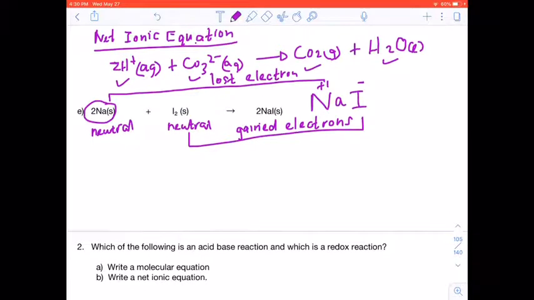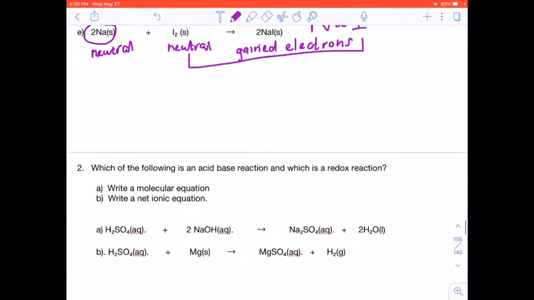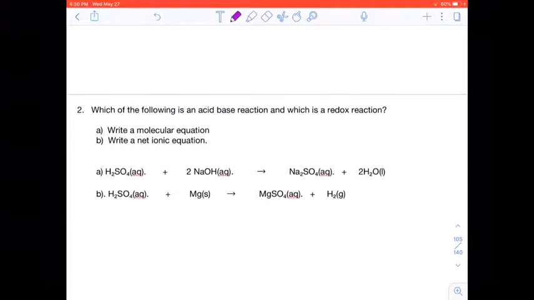Okay, now it says which of the following is an acid-base reaction and which is a redox reaction. If we look at this here now, we have to write a molecular equation.